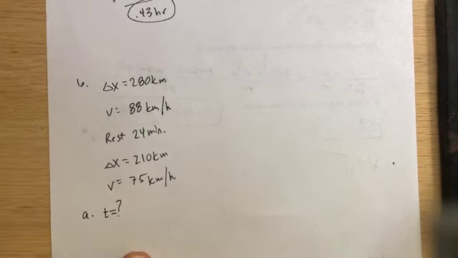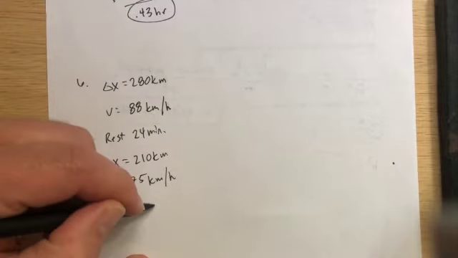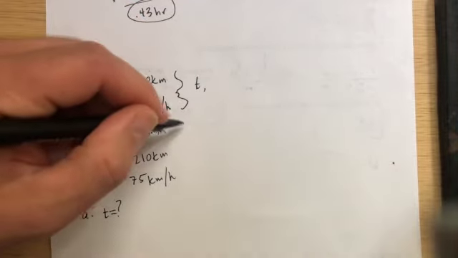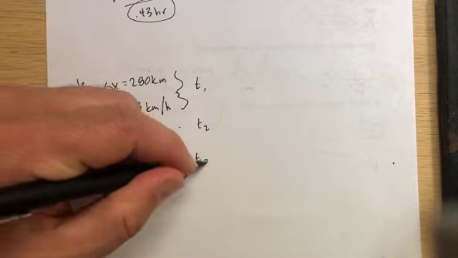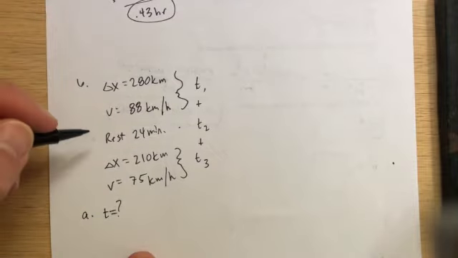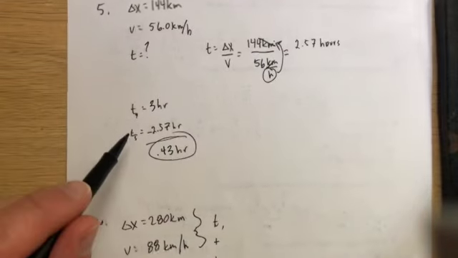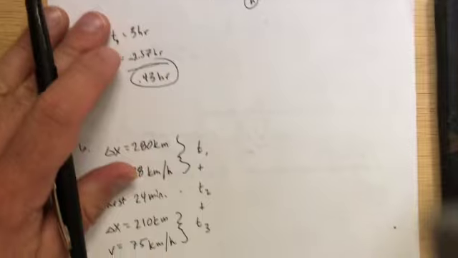Okay, well, time, there are 3 times here. There's the first part of the trip. This is T1. There's the resting time, T2. And then there's the third part of the trip, T3. So we have to add those 3 things together to find out what our total time was. Well, how do I find out what T1 was? It's going to be just like we did for number 5. It's going to be delta x divided by v.